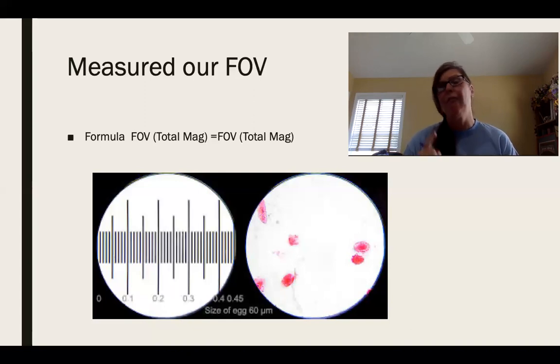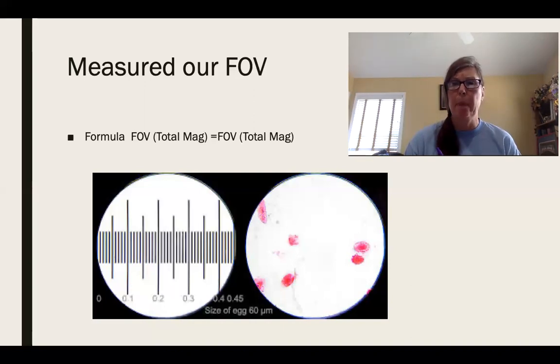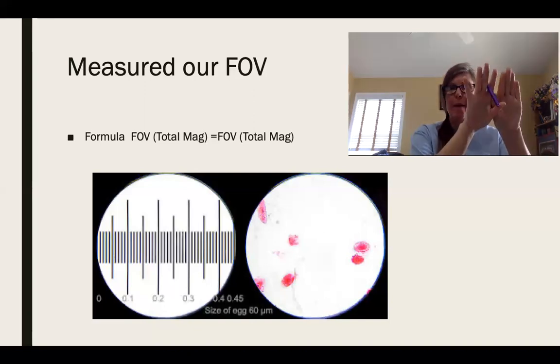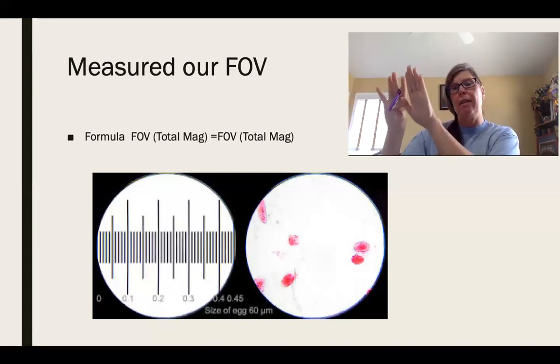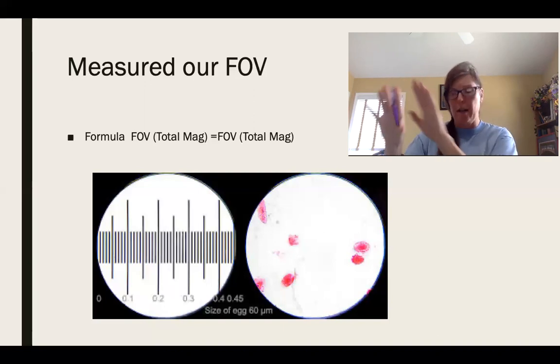Now, since I have physically measured my field of view with the 10x objective, I know one whole side of that formula, okay? So this is an equivalency. What I'm saying is the field of view of one objective and its total magnification is equivalent to the field of view and the magnification of another objective.